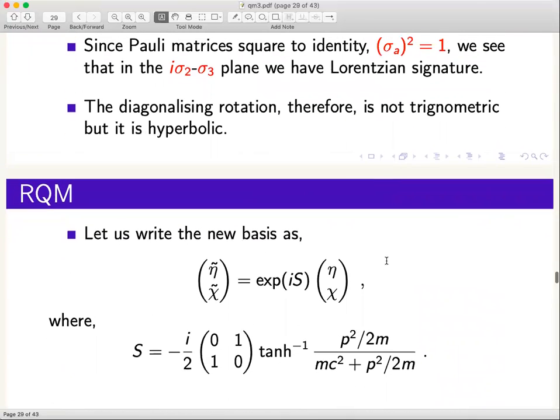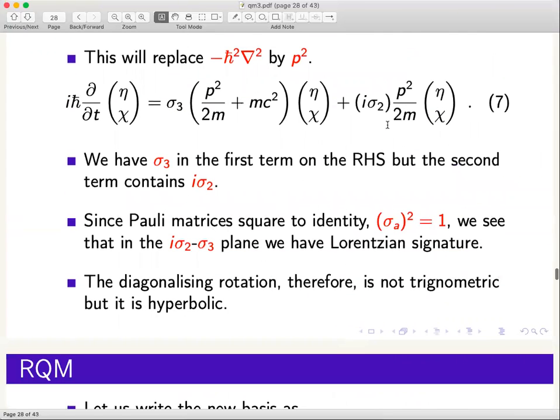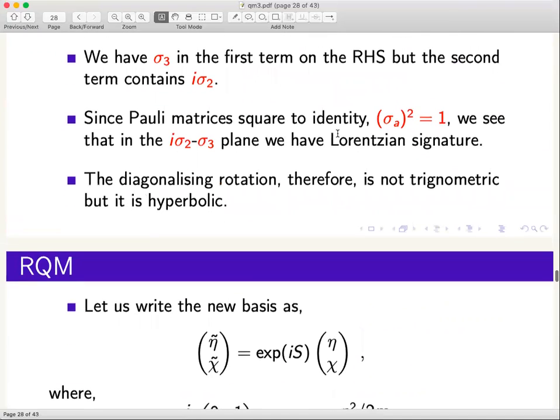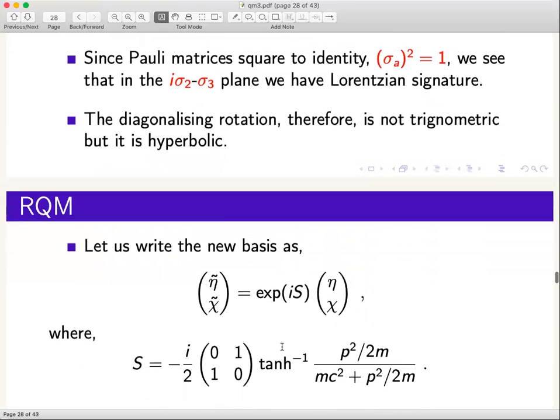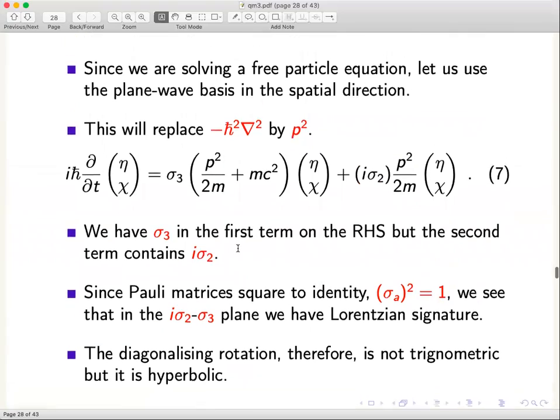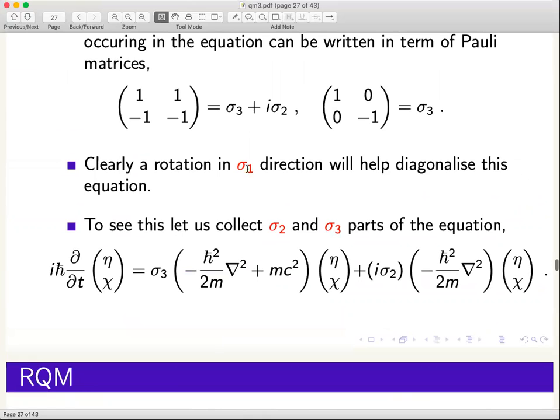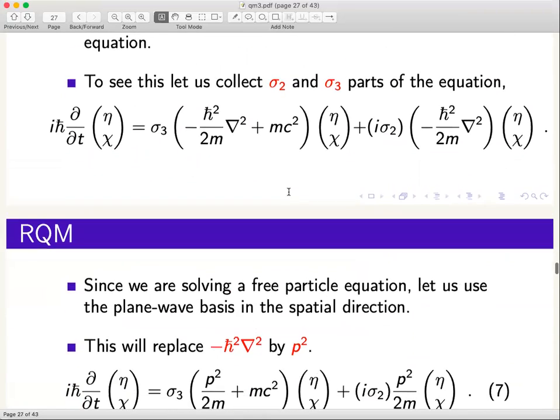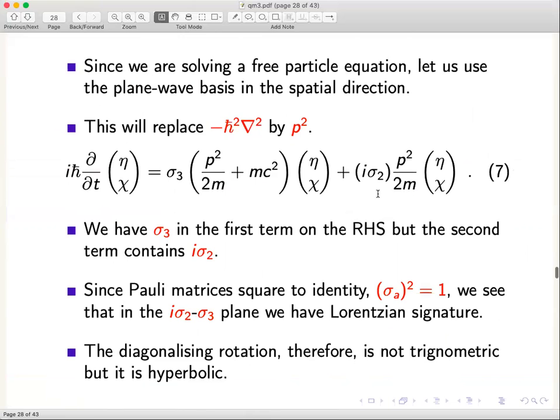Suppose we define a new basis in which this equation becomes diagonal. Let's consider that the transformation is e to the I times s acting on this eta chi. Then you can check that s is minus I by 2 times sigma 1, which is what we knew right in the beginning, that we need to do a rotation about the sigma 1 direction to diagonalize this expression.